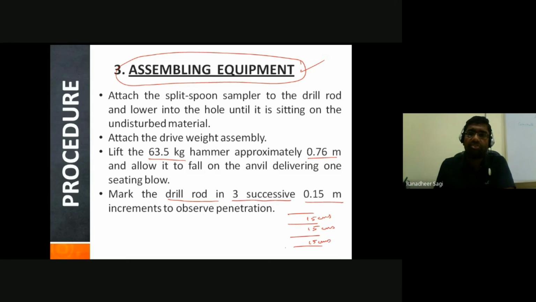For the first 15 centimeters of penetration of the sampling tube, that data will be discarded, and for the second and third intervals of 15 centimeters, we add the number of blows together to get the SPT N value for 1 foot depth of penetration of your split spoon sampler.